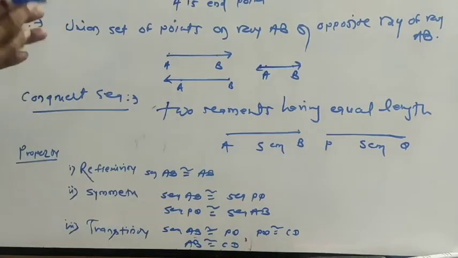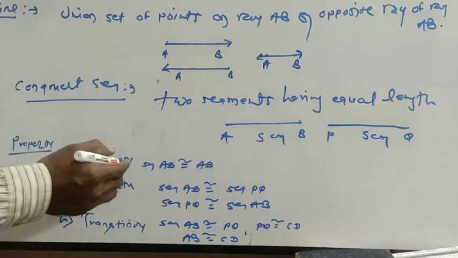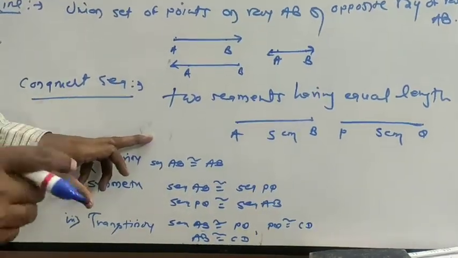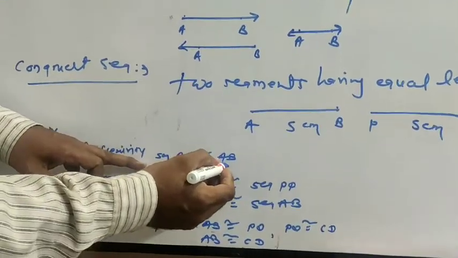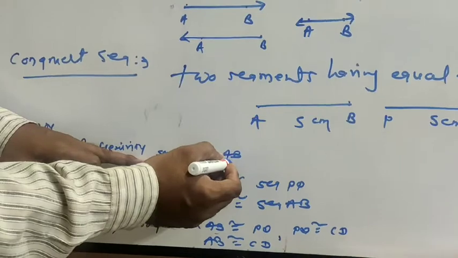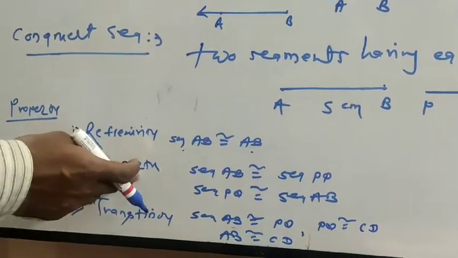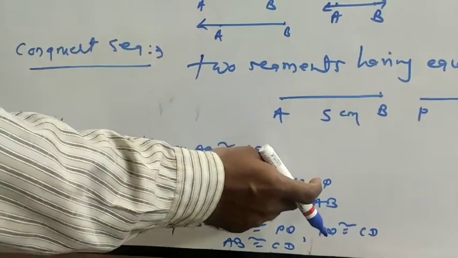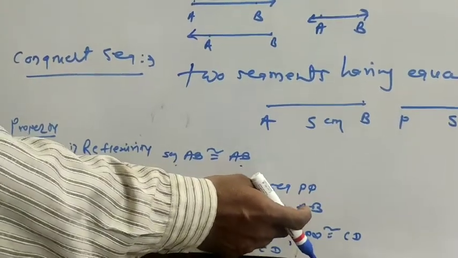Now, properties of congruent segments. First property, reflexivity. It means each segment is congruent to itself, that is, segment AB is congruent to segment AB. Second, symmetry. If segment AB is congruent to segment PQ, then segment PQ is congruent to segment AB.